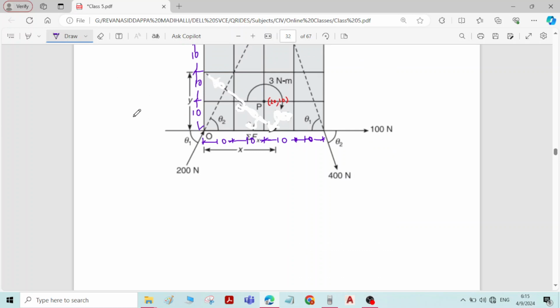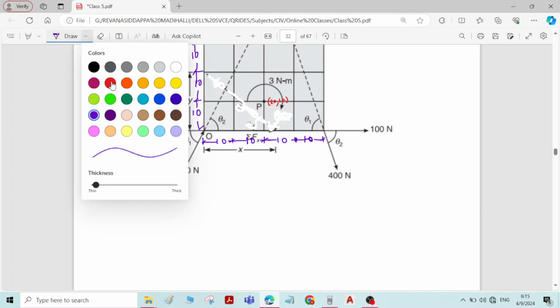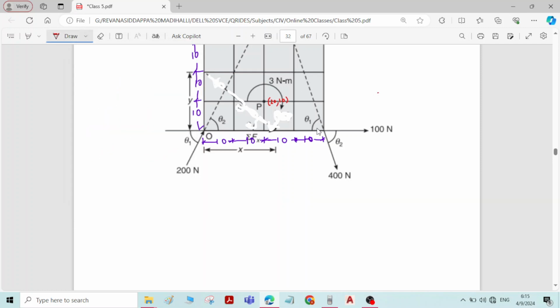So this is not theta 1, it is theta 2, because opposite angles are equal. Here the same thing, it is theta 1 here.